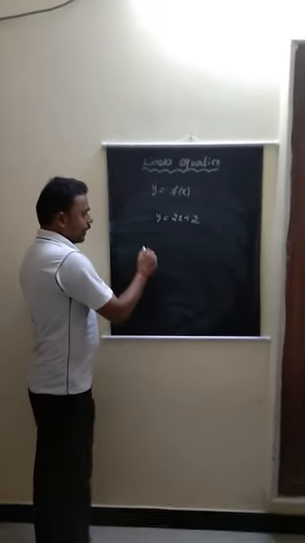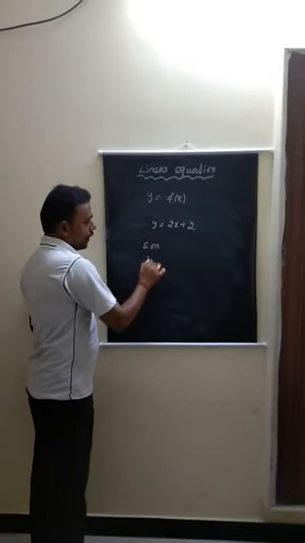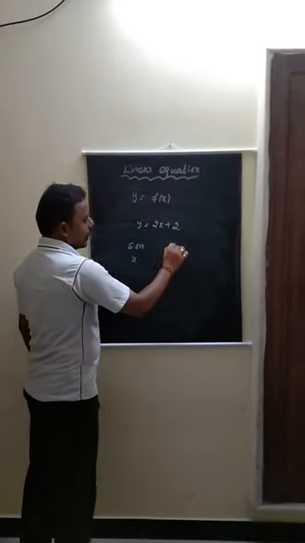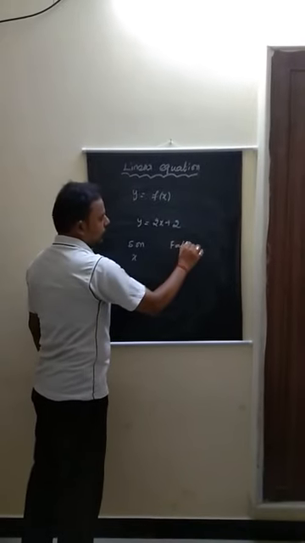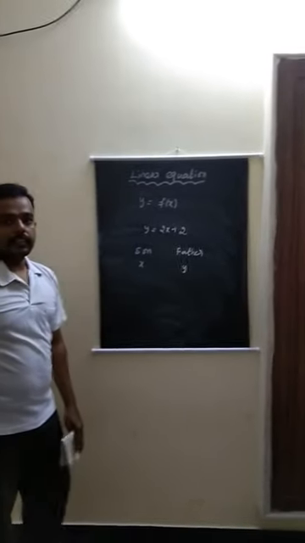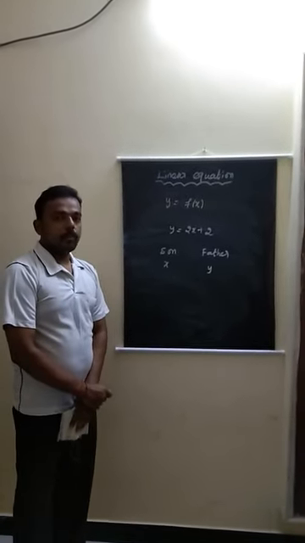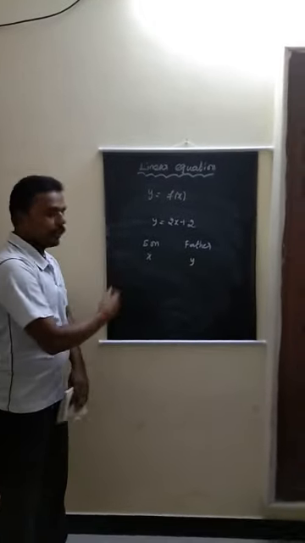Now let the age of son be x. Let the age of father be y. Now the relation is given. Father age is 25 years more than son age. How can we relate this one?